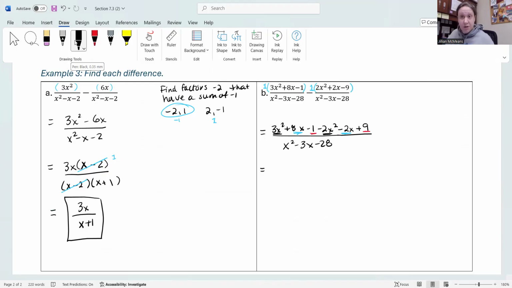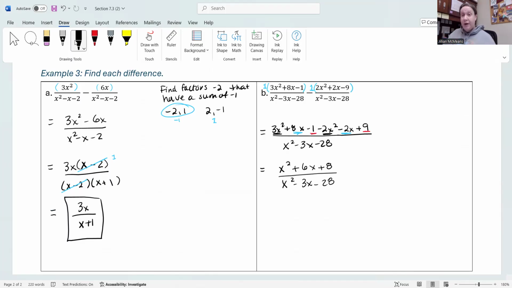Let's start with the squared terms. 3x squared minus 2x squared is just going to be x squared. 8x minus 2x is going to be 6x. And then negative 1 plus 9 is going to be positive 8. And that's still over that same common denominator of x squared minus 3x minus 28.